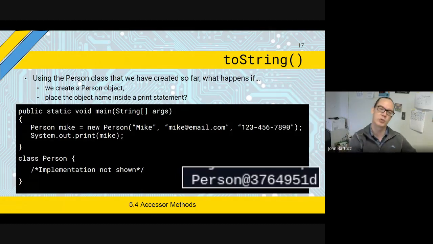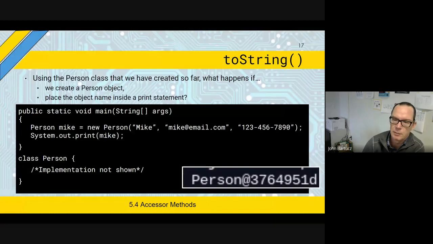And all that the toString method does is it tells Java how to convert your object into something that can be printed. Right? It converts your object into a string. So if we did what's on the screen right now, given our class, it wouldn't know what to do on the print statement. It doesn't know how to convert that person into a string that it can print out.